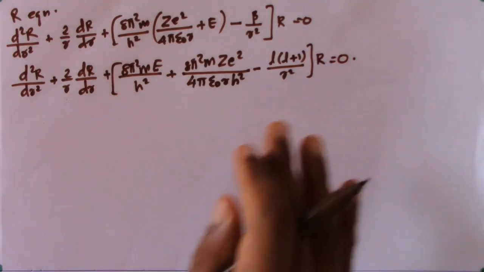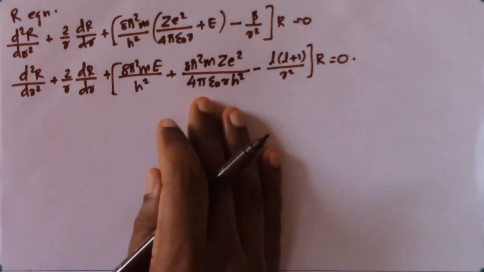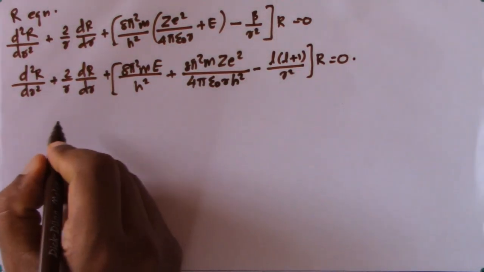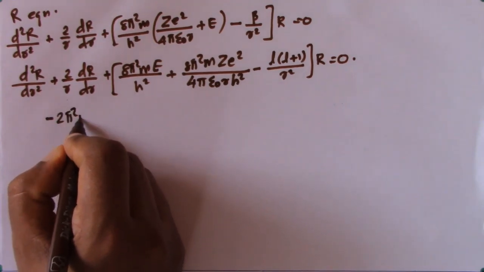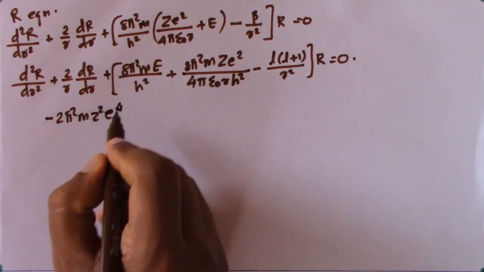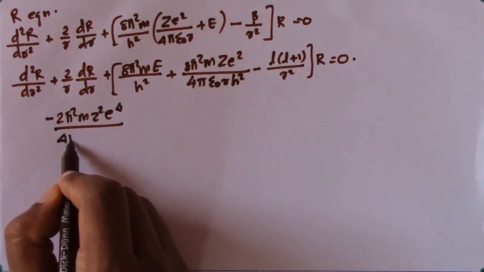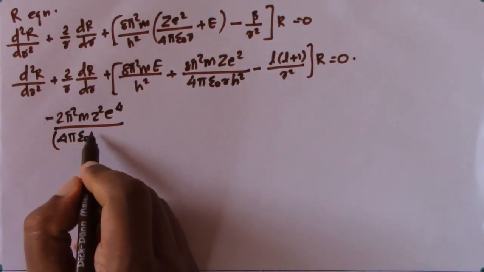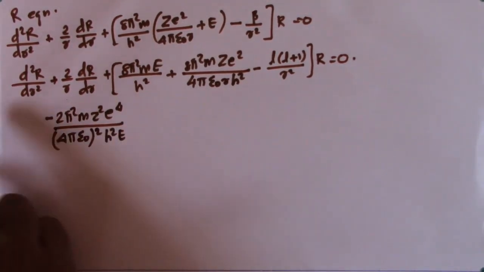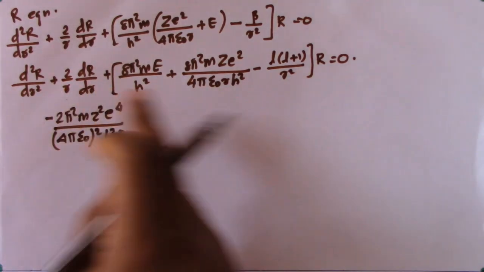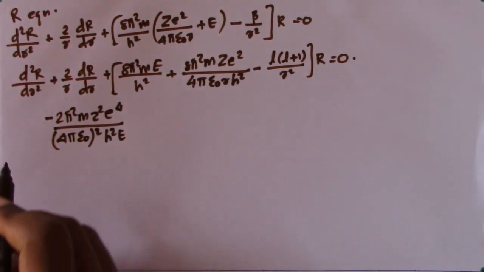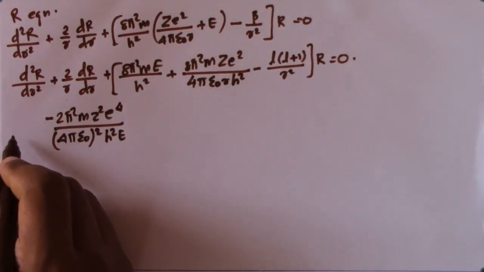Whenever I am working out this equation, if I see a term like minus 2 pi square m z square e raised to 4 divided by 4 pi epsilon 0 square h square E, when I am expanding this equation, and these terms come together like this, then I will call this together n square.